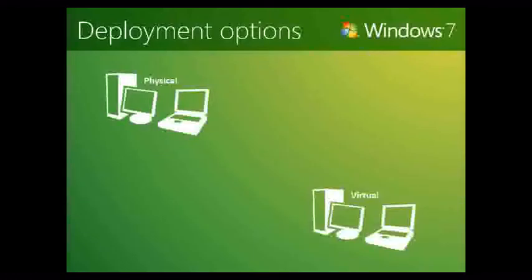So I'm going to talk about deployment options of Windows. As I mentioned, time was we'd go and buy a PC with Windows on it, and we would then install our software, or maybe re-image it and use our software on top of that. And that is still a way that a lot of organizations do it, and there are good reasons for doing that.